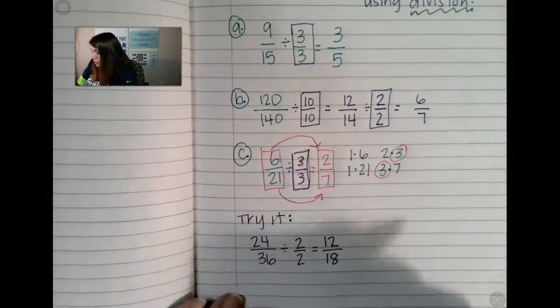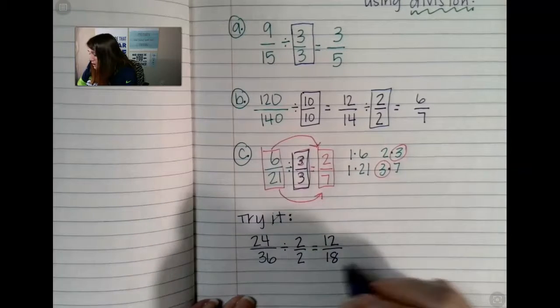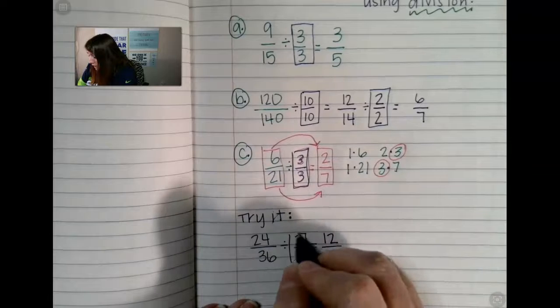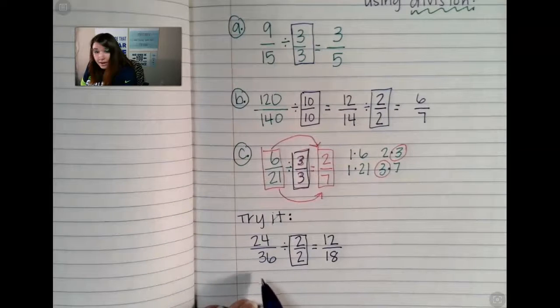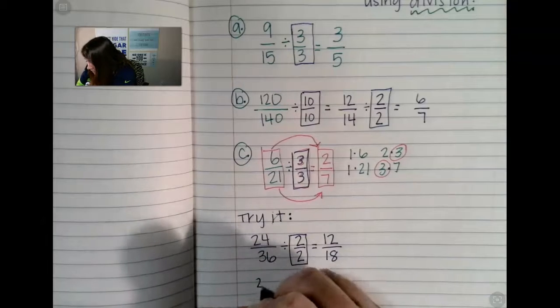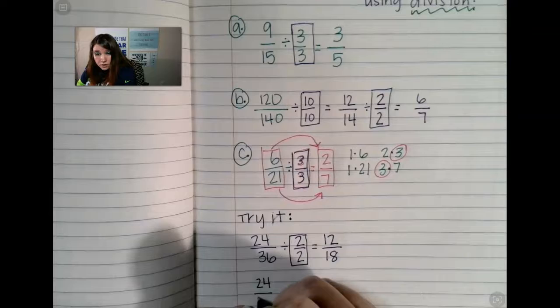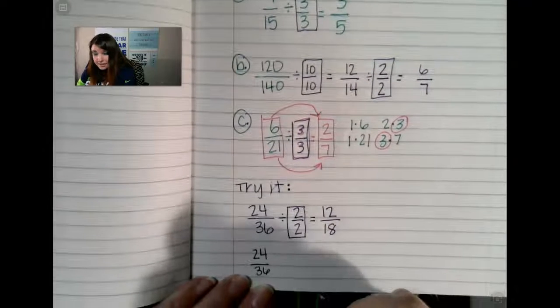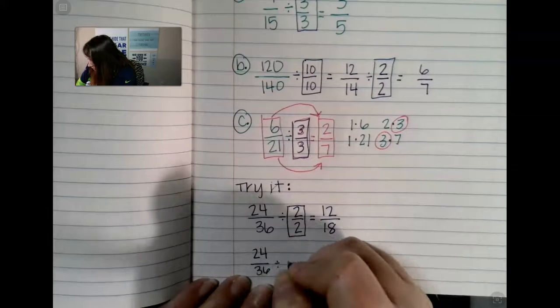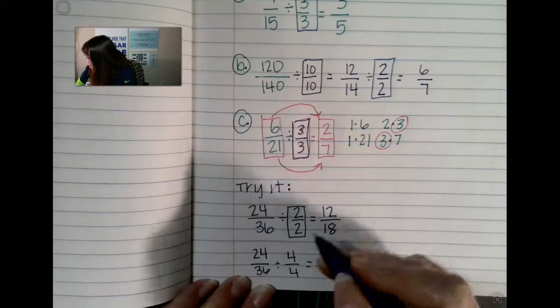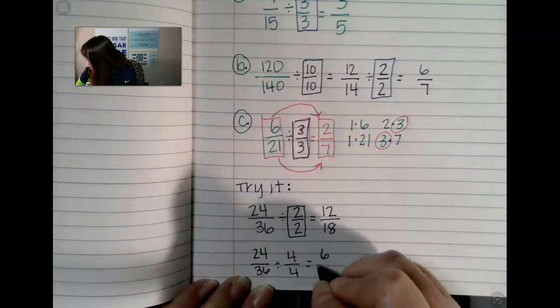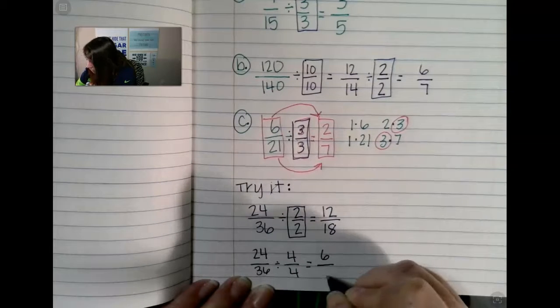Okay, so 24 and 36, I could divide by 2 over 2 and have 12 over 18 be an equivalent fraction. That's one of them. I could have also done 24 over 36 and divided it by 4 over 4. And I could have gotten 6 over 9.